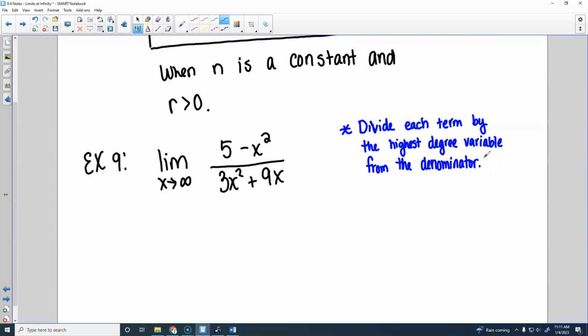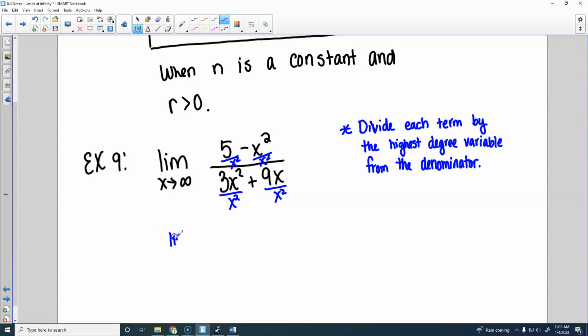Okay, so this is okay to do. The highest degree variable in my denominator here is x squared. So I'm going to divide this by x squared. I'm going to divide this by x squared. I'm going to divide this by x squared. I'm going to divide this by x squared. And then I'm going to simplify anything that I can simplify.